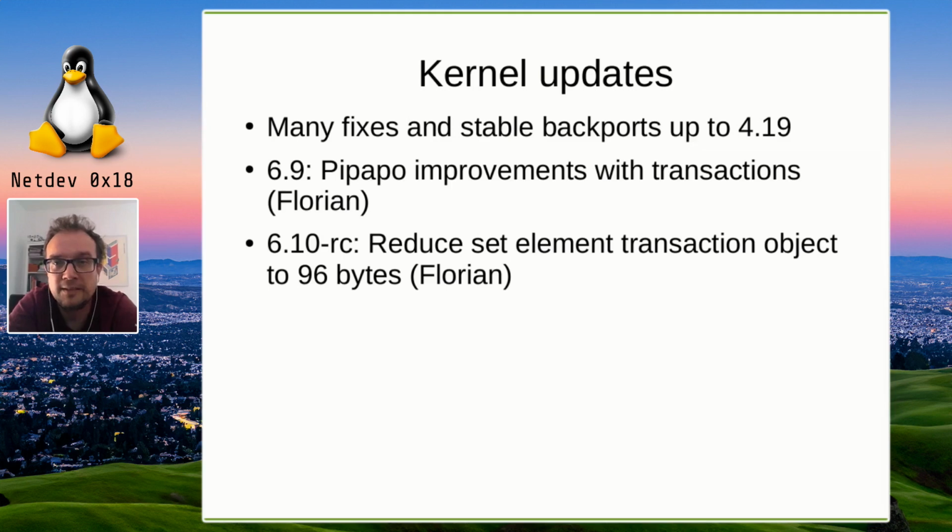Regarding the pipapo improvements with transactions, the idea is that, instead of maintaining two copies, we create the copy when an insertion or deletion is performed on the set. So it's an on-demand clone that is created, instead of creating it from the commit step. The improvement also helps speed up our packet path by ditching the copy of the data structure that we don't need.